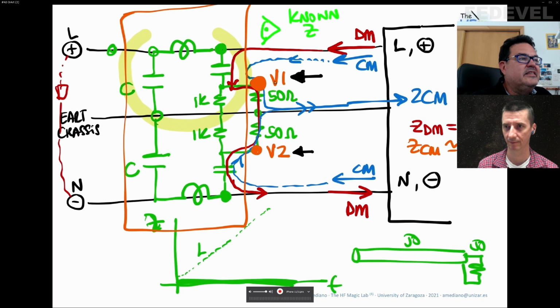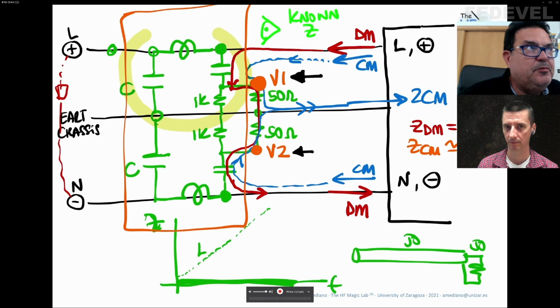V1 is 50 ohms times the current in differential mode plus the current in common mode. And V2 is 50 ohms times the current in common mode minus the current in differential mode.